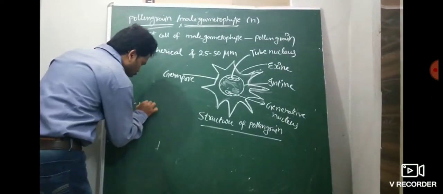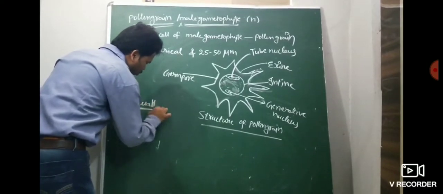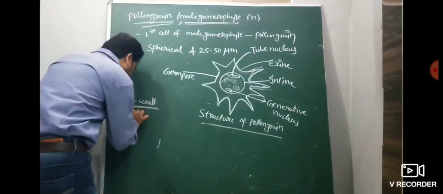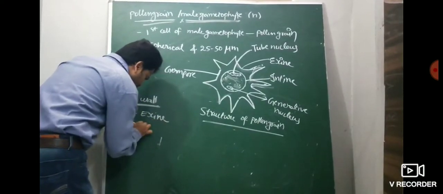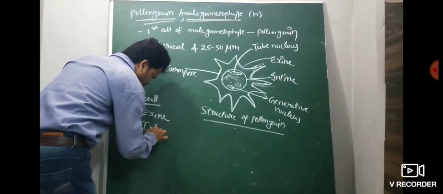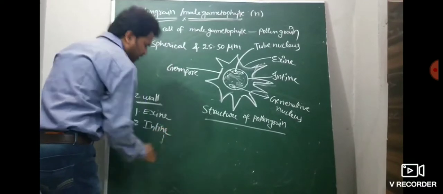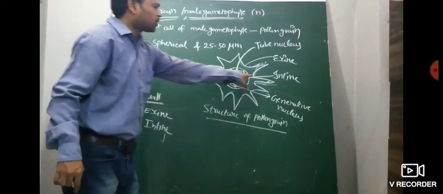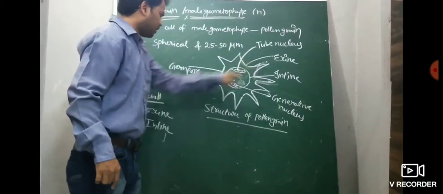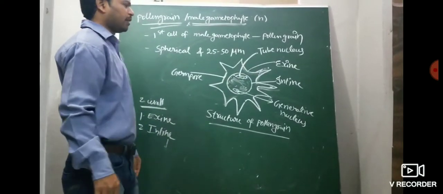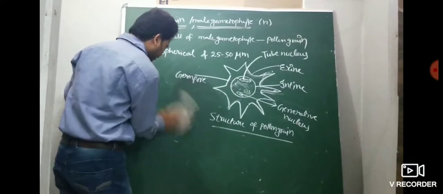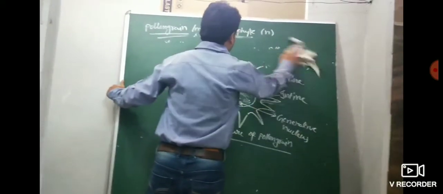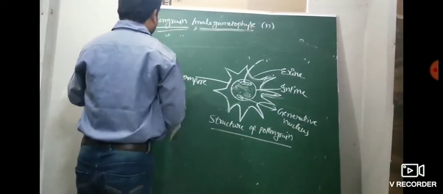First one is the exine, second one is the intine. The outermost layer is the exine. Taking the structures one by one, exine and intine.